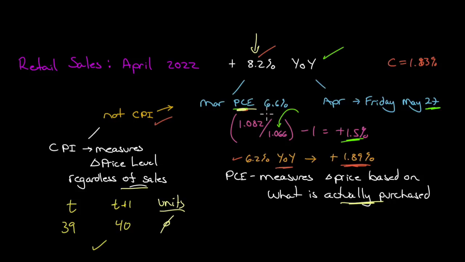And when we use March's 6.6, we have 1.5% real growth. And again, we get the new PCE on Friday. If it comes in lower, I just use an example here. If it comes in at 6.2, that number only looks better. So everything lower than 6.6 just makes retail sales for April look better and better and better. But if it comes in higher, well then yeah, then it's going to make things look worse and worse and worse.